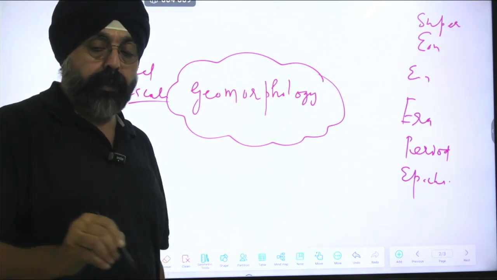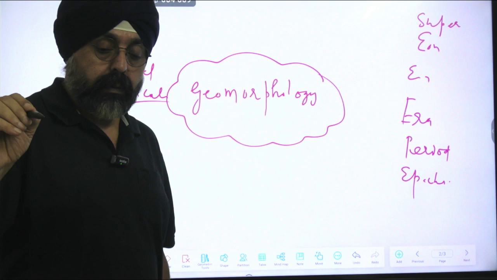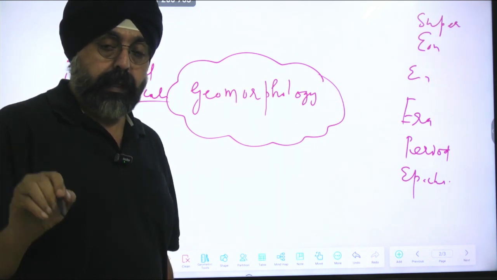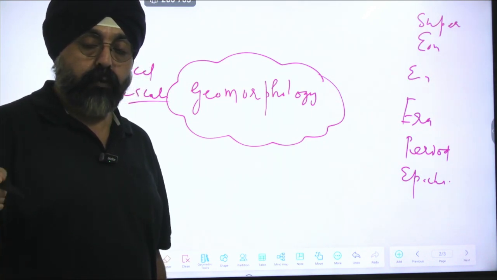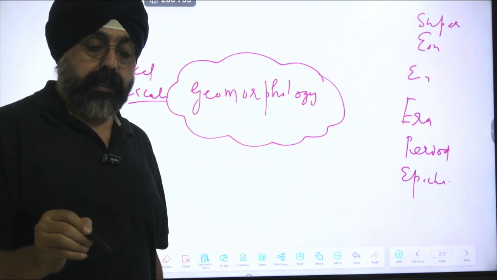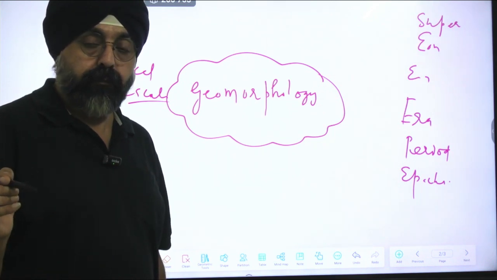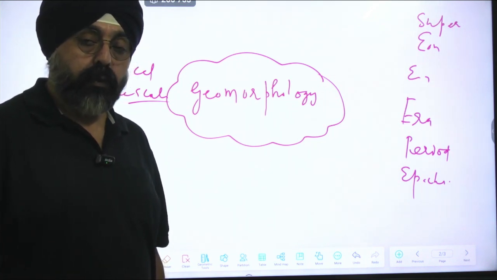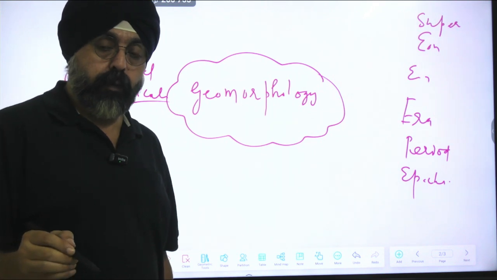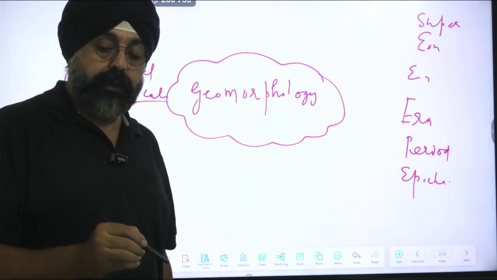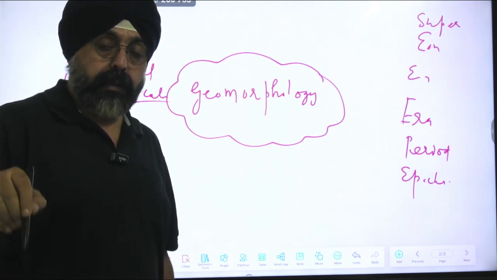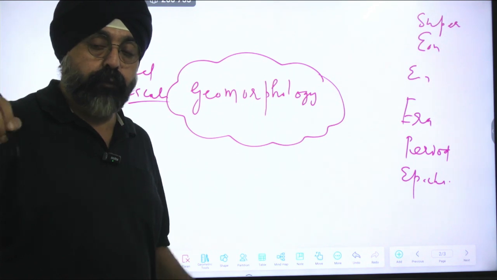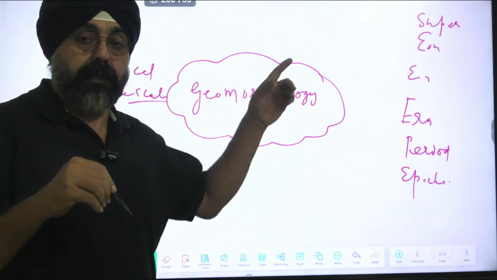And Cenozoic into several parts, like the Tertiary period and the Quaternary period. The Tertiary period has been divided into 5 epochs, and the Quaternary period into 2 epochs. The last one was the Pleistocene, and the Holocene is going on. The Holocene has so many ages. At this moment we are in the Meghalayan age. That's the geological time scale.